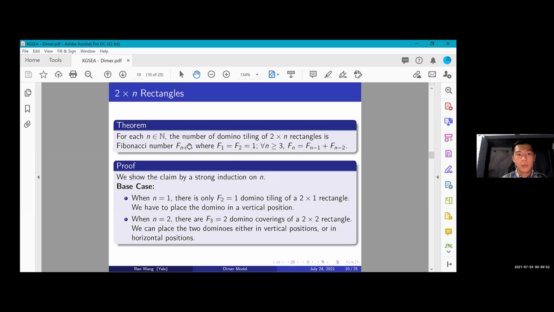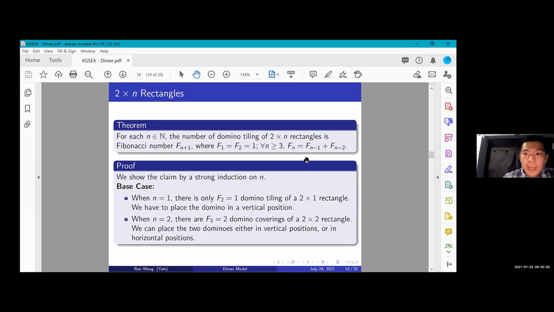The theorem is that for each n, the number of domino tilings of a 2 times n rectangle is the Fibonacci number F_{n+1}, where we define F1 = F2 = 1, and for n at least 3, F_n = F_{n-1} + F_{n-2}. We can check that F3 is 2, F4 is 3, F5 is 5, and F6 is 8.